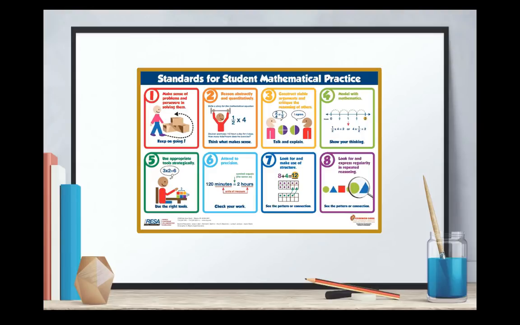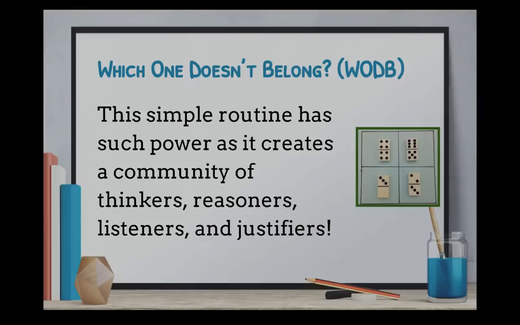What I see with this routine is really the power of students justifying and then using that vocabulary to articulate why it didn't belong. These are standards for us, K-12, and really they're the processes of math that have much power.